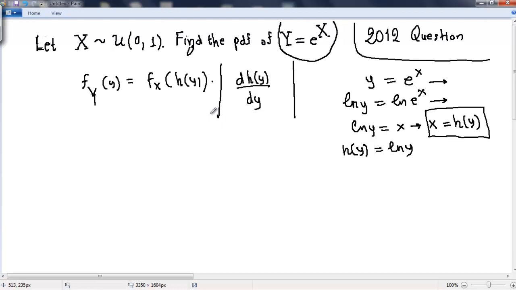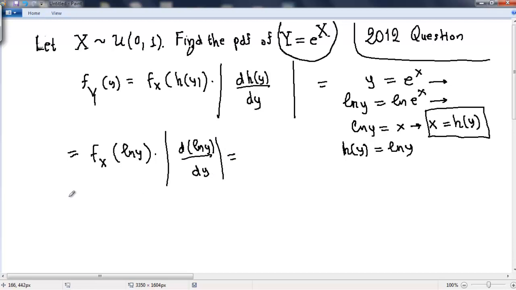So it's easy now to substitute h into our formula and find the probability density function of y. We have f_X of ln y multiplied by the absolute value of the derivative of ln y with respect to y.